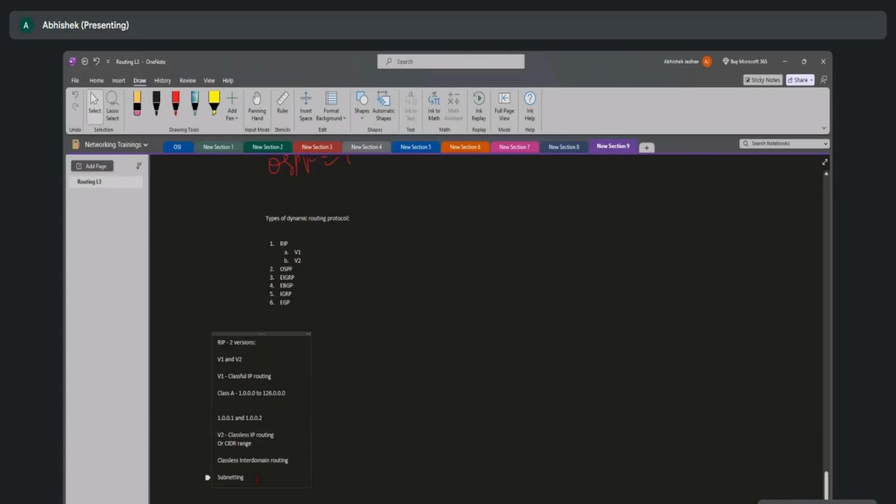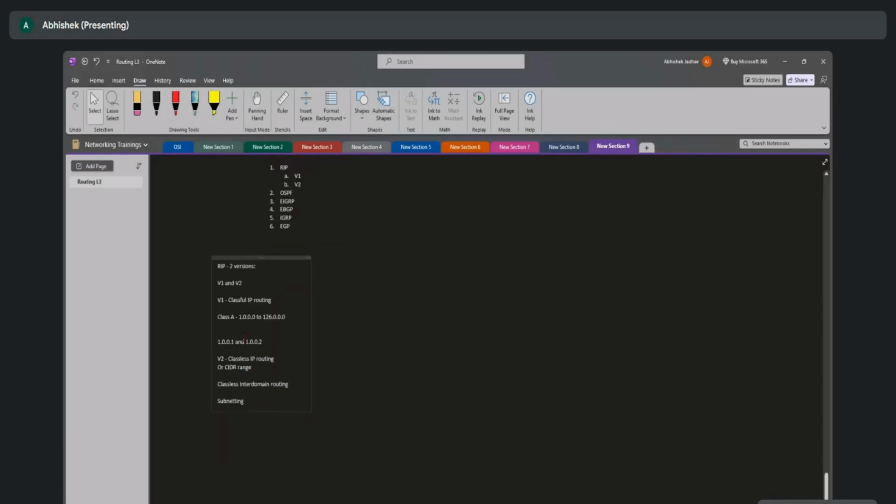So that's the major difference between version 1 and version 2. Right, now something else apart from version 1 and version 2 in RIP, specific to RIP, we have some important points. Right, so it is a distance vector protocol.